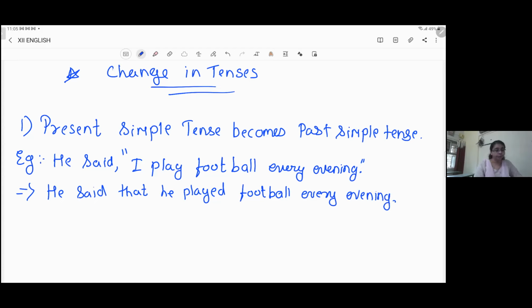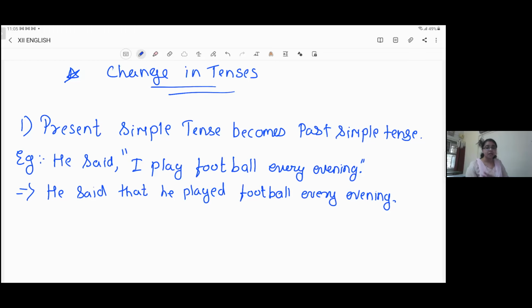Clear? Done with writing. Next sentence, means next number.